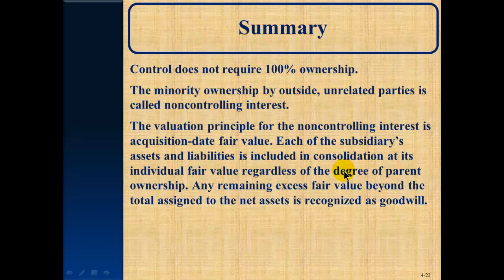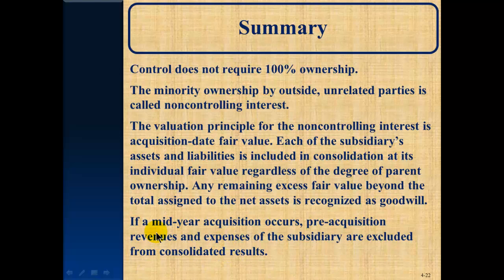The valuation principle for the non-controlling interest is acquisition date fair value. That's nothing new; that's what we've been teaching all along. Each of the subsidiary's assets and liabilities are included. You're bringing them over in whole to the consolidation, and then you just have this caption for NCI. And again, this is review: any remaining excess fair value beyond the total identifiable and assigned net assets is what you put to goodwill.